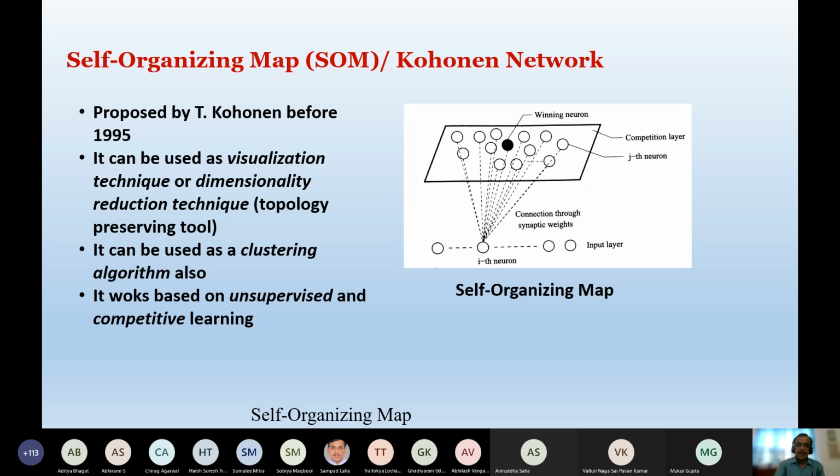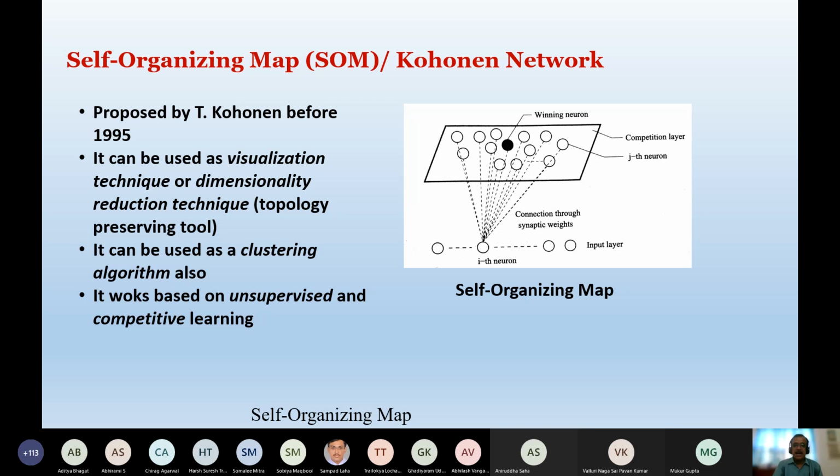Our aim is to determine the lower dimensional data corresponding to this higher dimensional data. Out of say 1000 data or capital N data, let me concentrate on a particular data, the ith data, represented by the ith neuron.